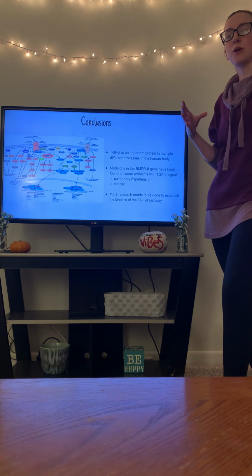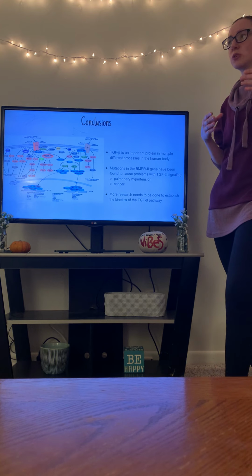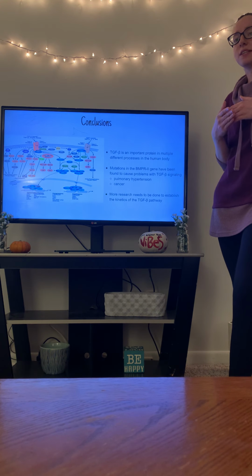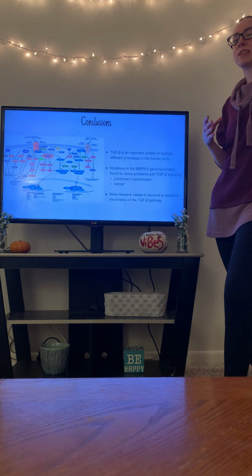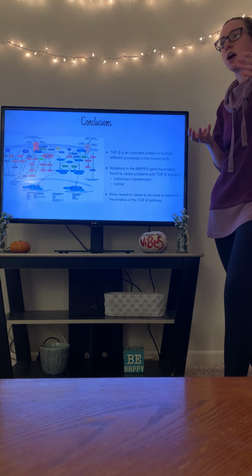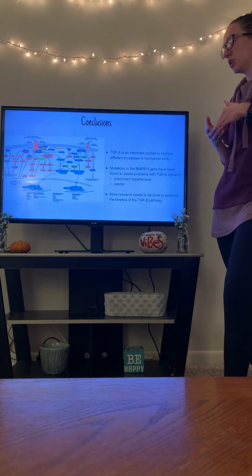The parameters there have been established, but they're not super well known, and it's not super big in research. That's an area of research that needs to be more explored and more looked into.